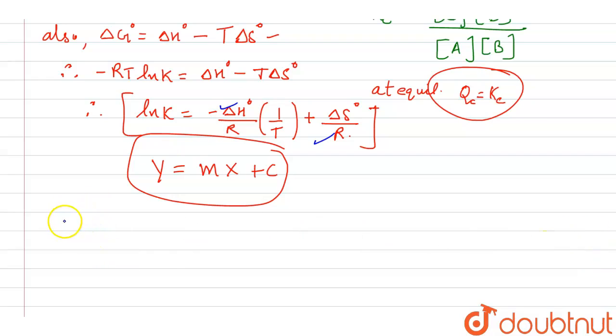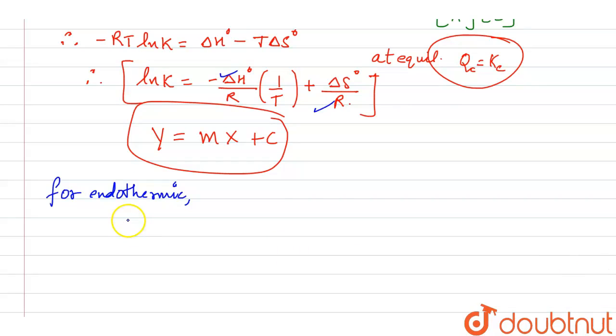So first of all, we'll take the case of endothermic reaction. In an endothermic reaction the heat is absorbed, so delta H is positive in this case, so the slope will be negative.